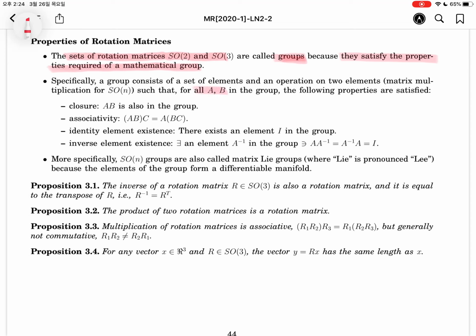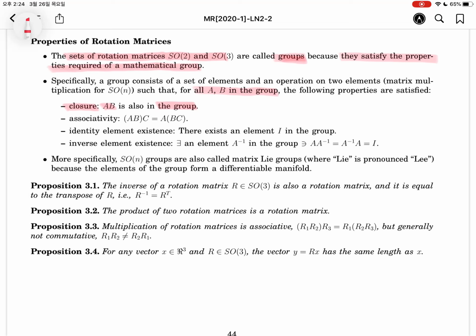For two given elements in the group, the result of the multiplication will be an element of the group. It means the result of the multiplication of A and B also belongs to the same group. That is called closure.